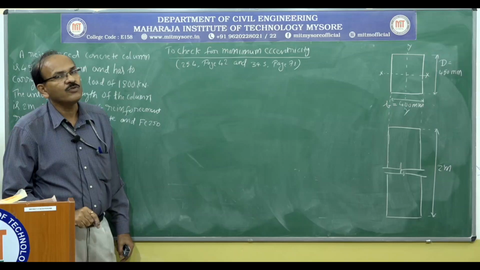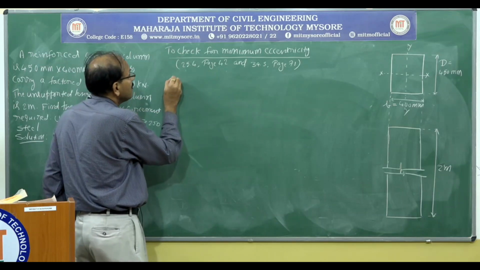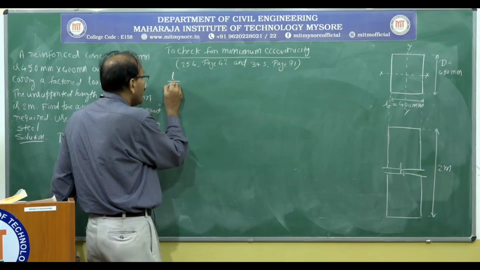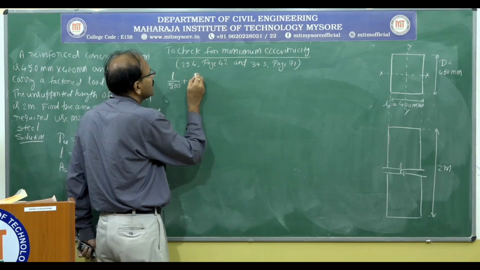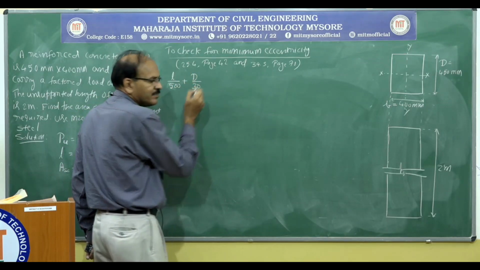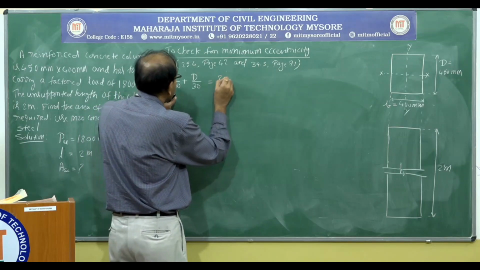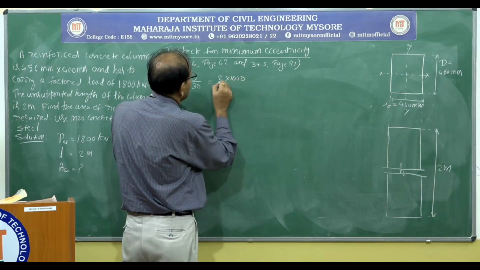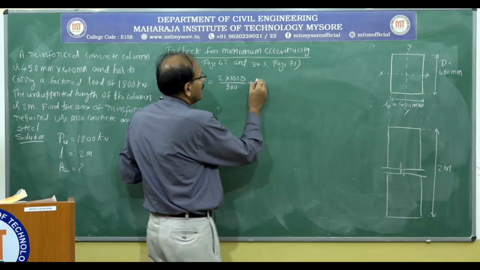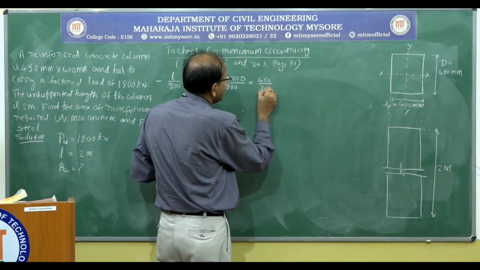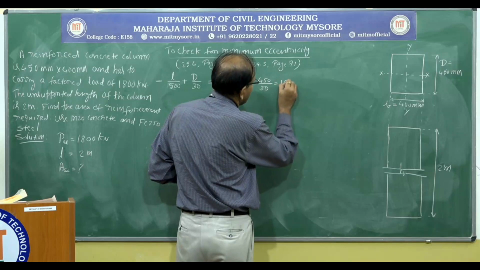As per 25.4 on page 42, the eccentricity is L divided by 500 plus D divided by 30, where L equals the unsupported length divided by 500, plus D, the larger dimension, 450 divided by 30. So it is 4 plus 15, 19 millimeter.